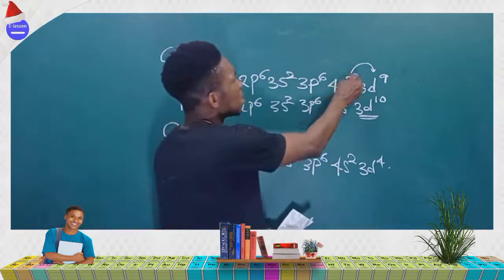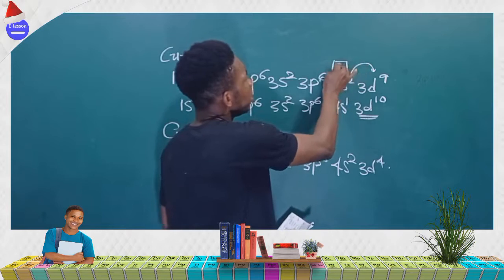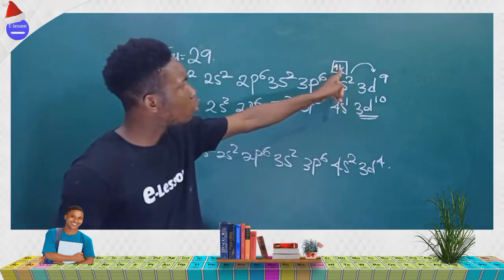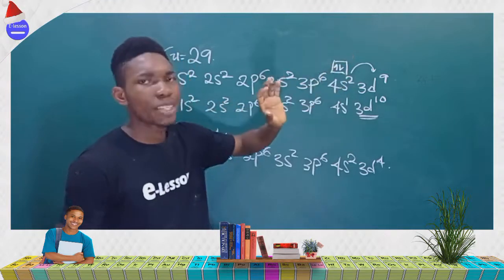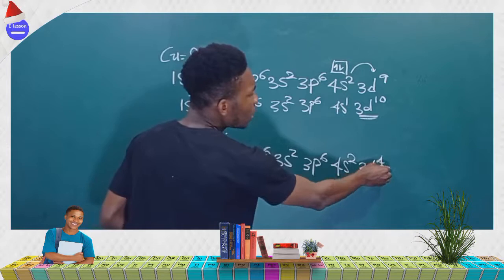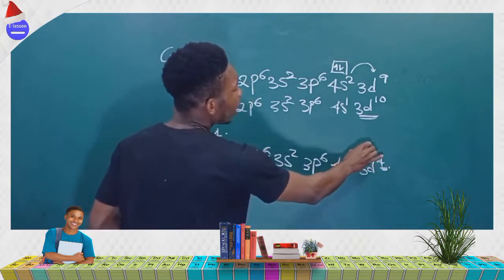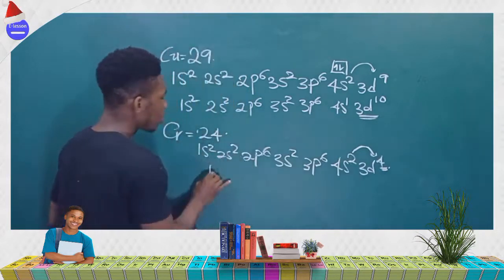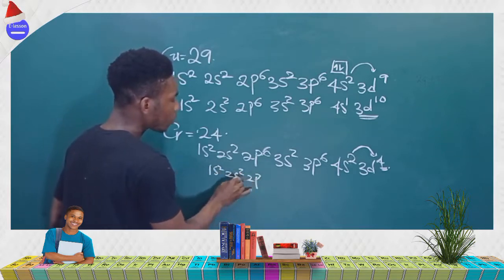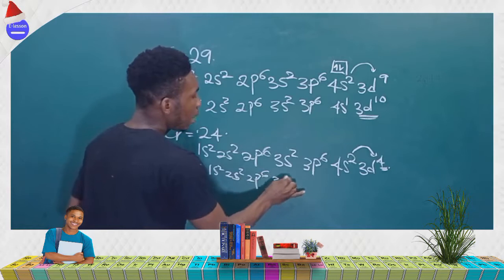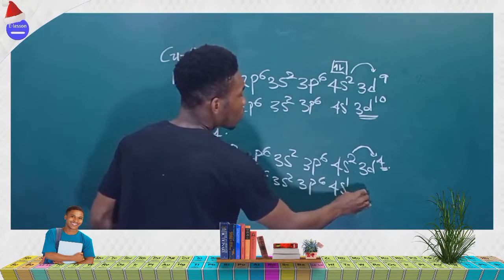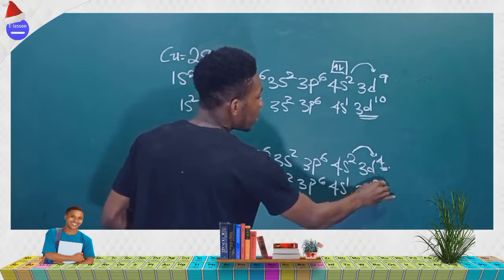If you write the orbital diagram for this, it will be like this. So you promote just one electron from here so that one will be left here. Same thing is applicable here. For it to be half filled, which will confer more stability, promote one electron from here. And this gives us 1s2, 2s2, 2p6, 3s2, 3p6, 4s1, 3d5.